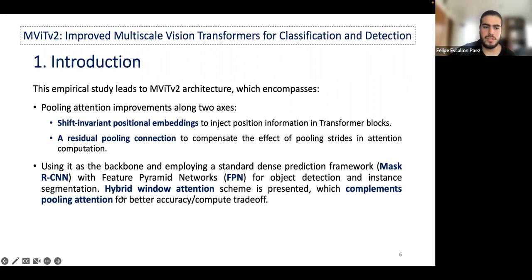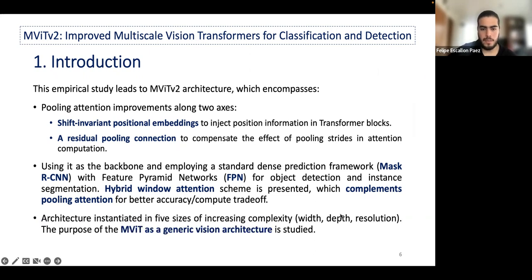That is something they propose in this paper to differentiate themselves from other proposals like the shifted windows that the Swin transformer already proposes. They found that this hybrid window attention complements the pooling attention that they already had and gets a better performance.